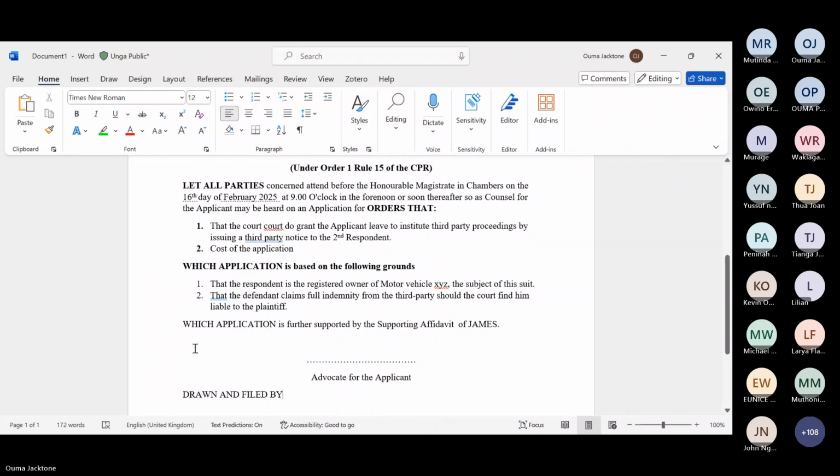You need to have dated at dash, at Nairobi, for instance. This dash of dash 2024. Drawn and filed by, to be served upon, and then you do your supporting affidavit.